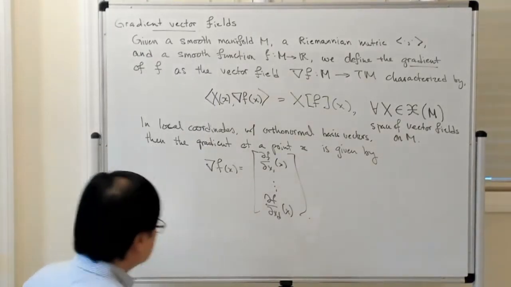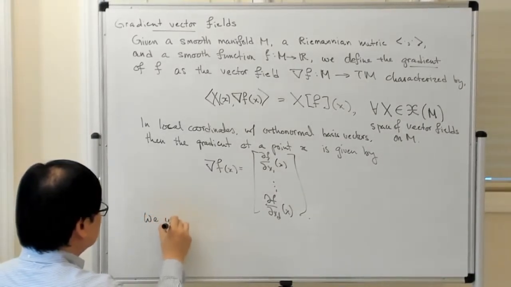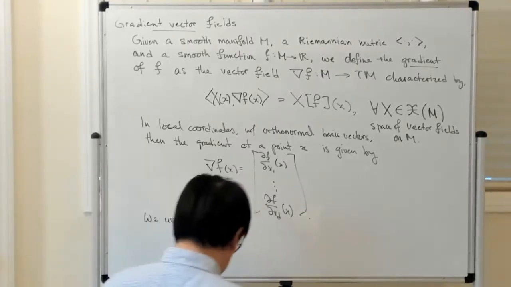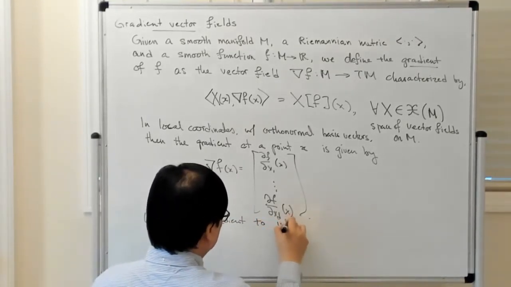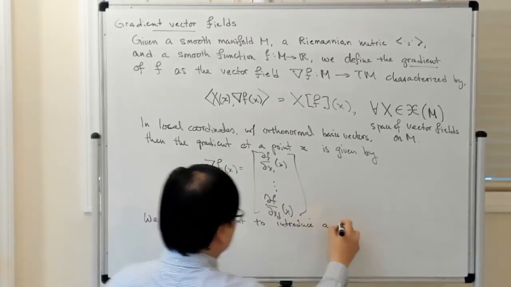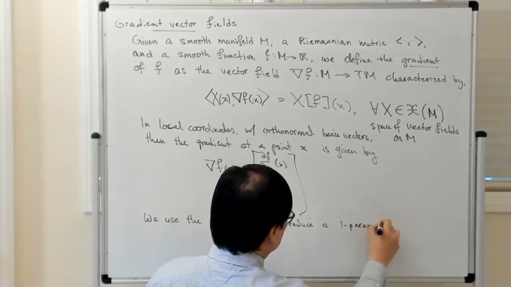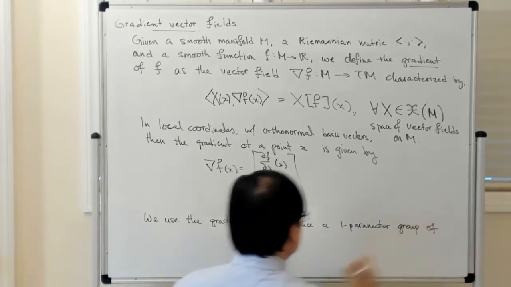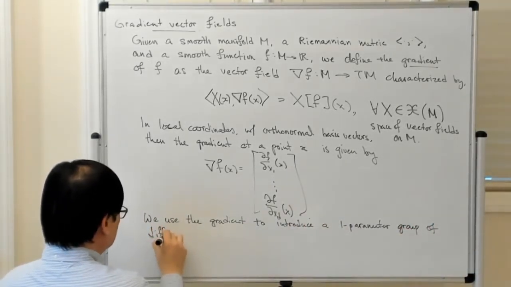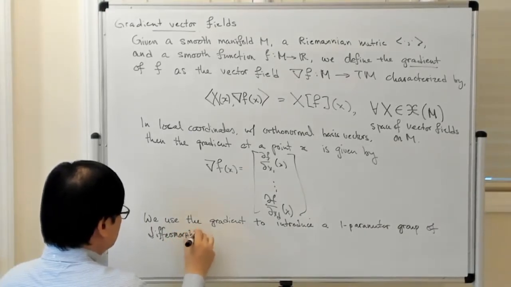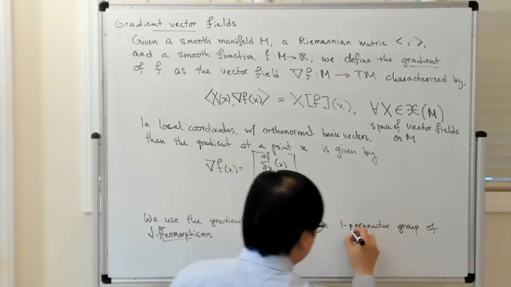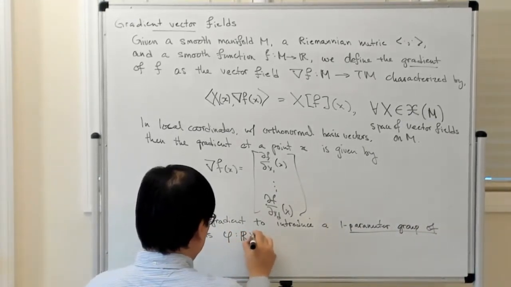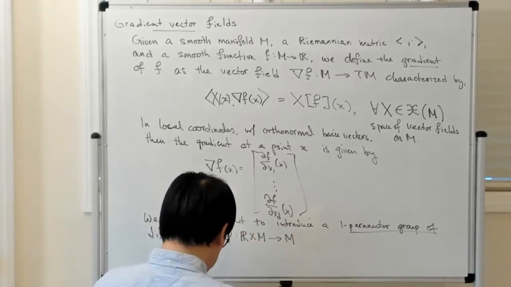Okay, so we use the gradient to introduce a one-parameter family, one-parameter group actually, of diffeomorphisms phi, which is a map from the reals across the manifold to the manifold itself.